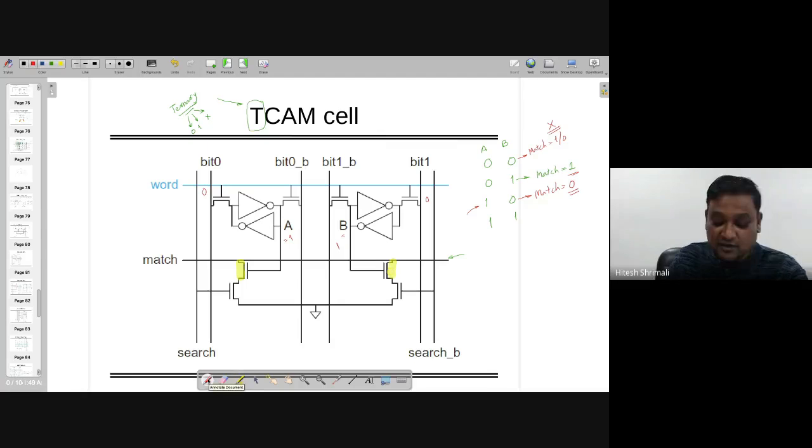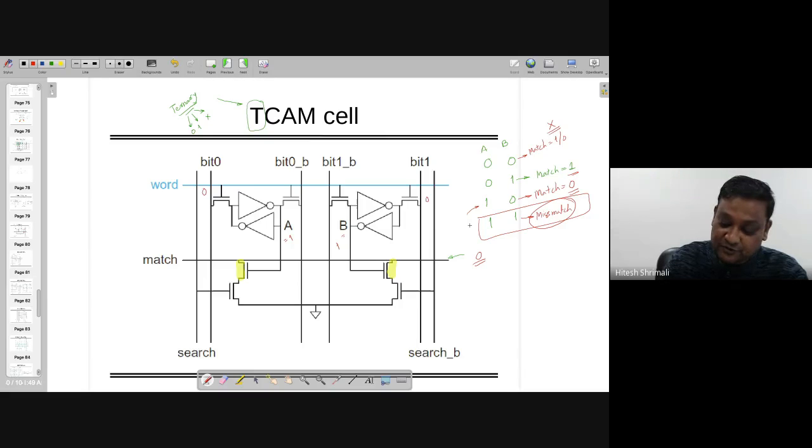So now, unfortunately, search and search bar are complementary to each other. So it will make one of the transistors on and match goes to 0. In this case, we are matching for the mismatch. Any value of search is going to give you mismatch only, right?